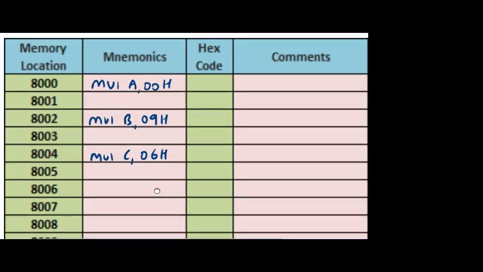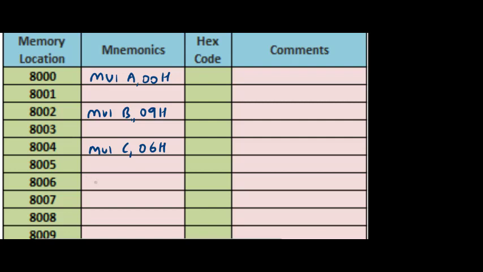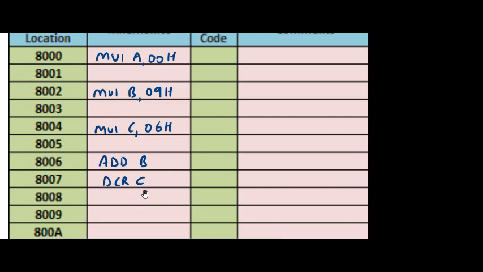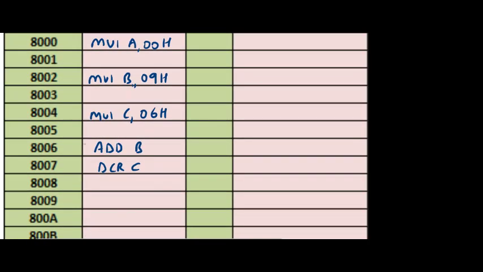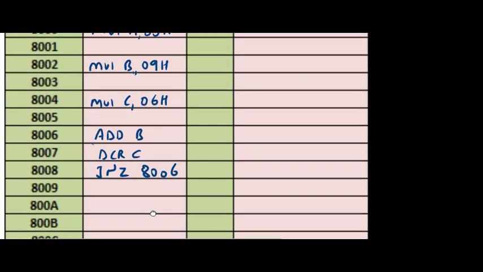Then we have to do A equal to A plus B, so this is ADD B. Then we have DCR C, so we need to decrement C. We need to add B until C becomes 0, so we add the instruction JNZ 8006, and then finally at this point it will halt.